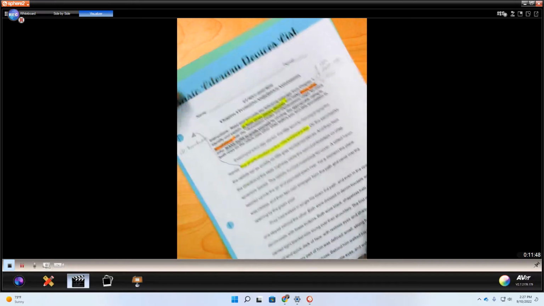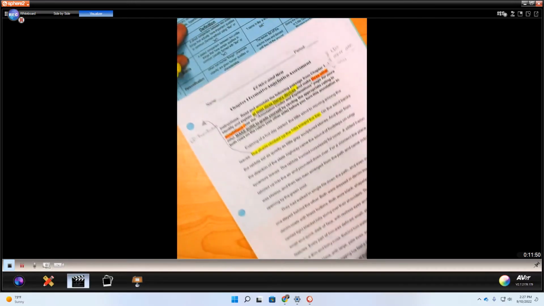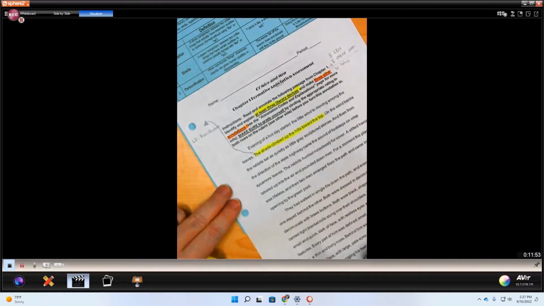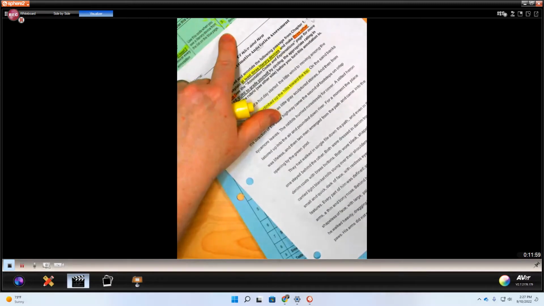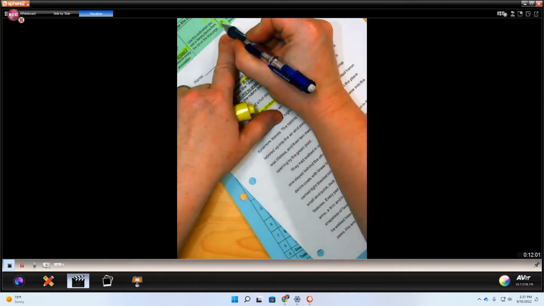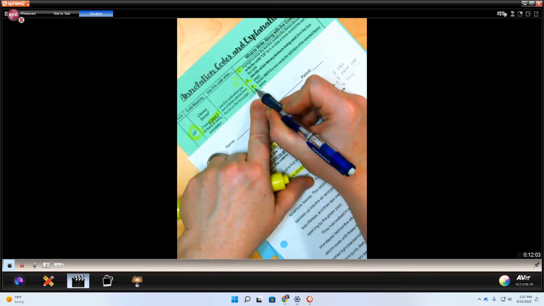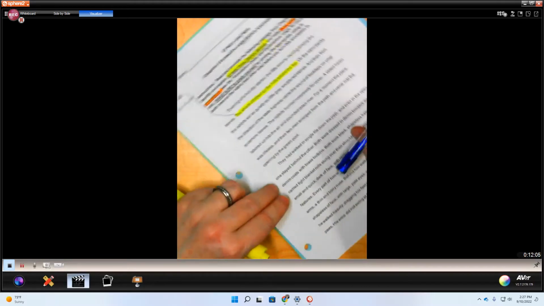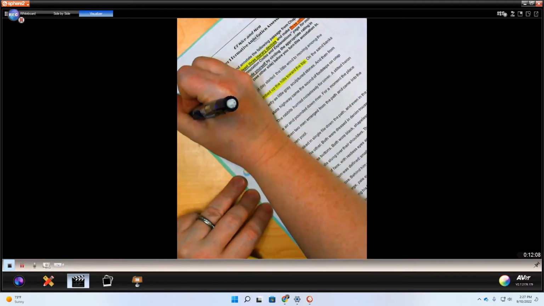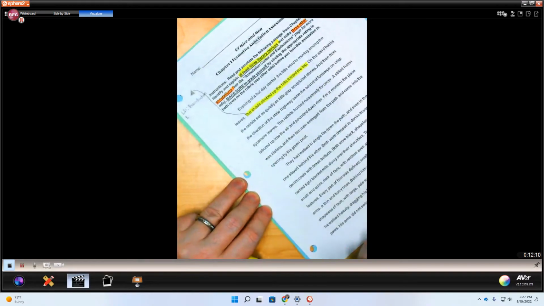So let me go back to the definition: when non-human things are given human-like qualities. For this annotation, I'm doing the third thing on the list, so I'm going to put a little 3 down so Mrs. Hernandez knows that this is number 3 on that list.